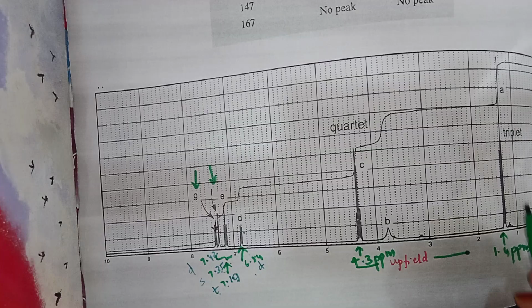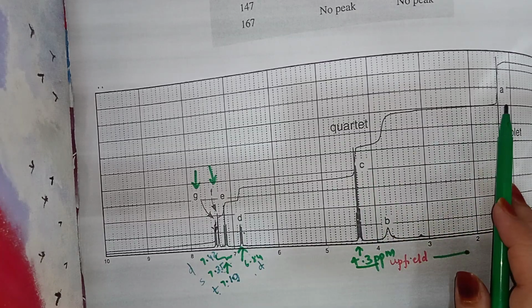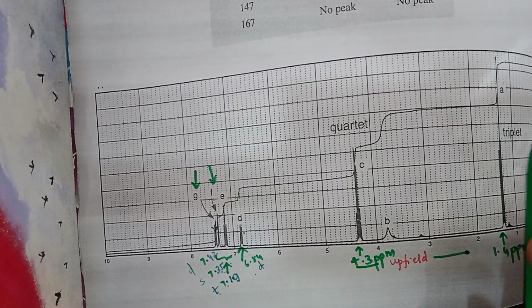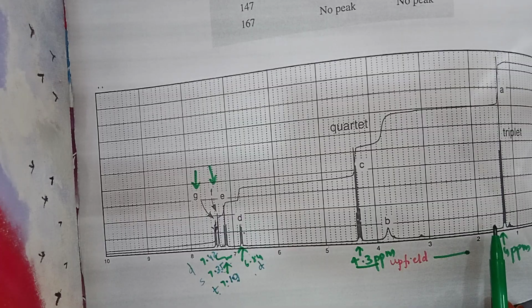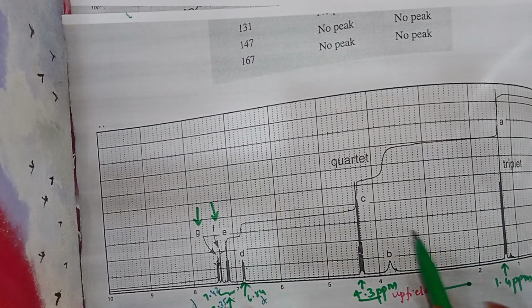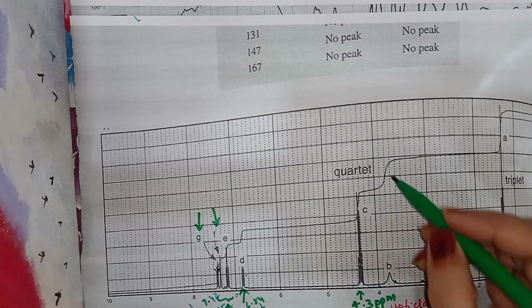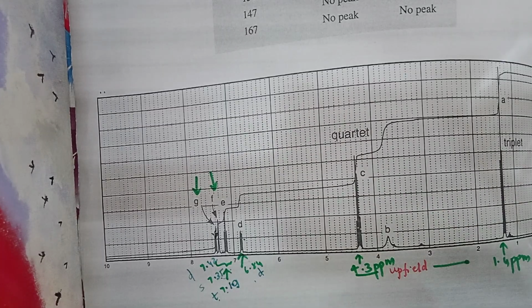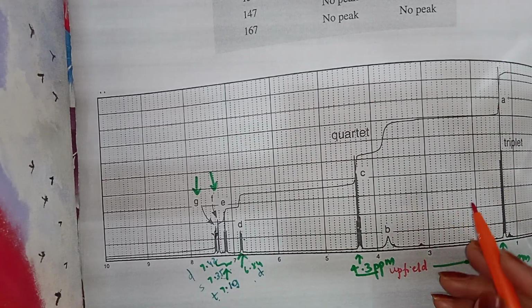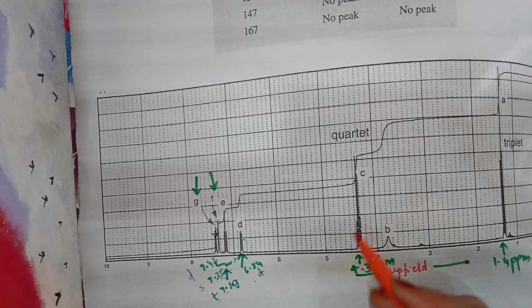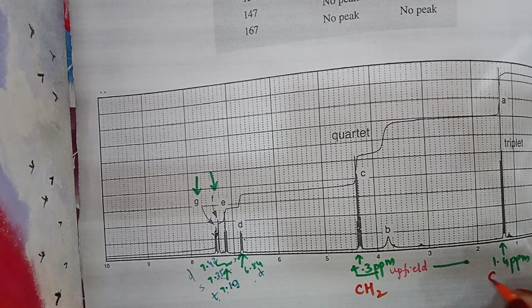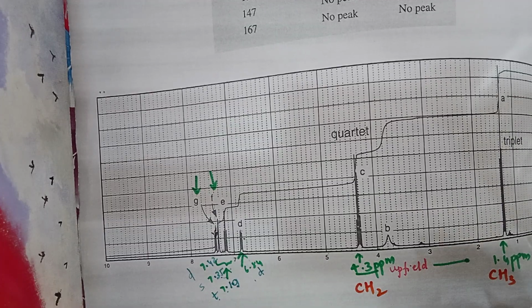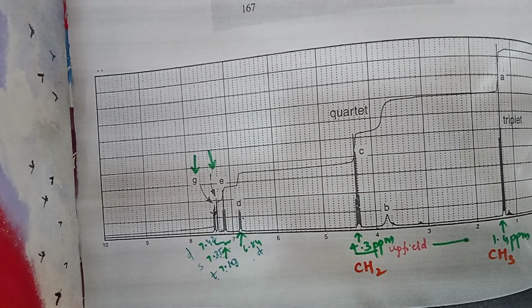Two peaks are found, a quartet and a triplet, so we can say it may have the presence of an ethyl group, that is CH2 and CH3. Probably the 4.3 region is CH2 and here it is CH3. So we have done everything.